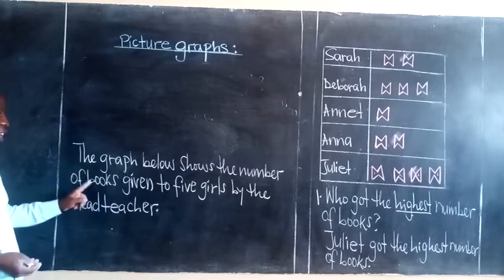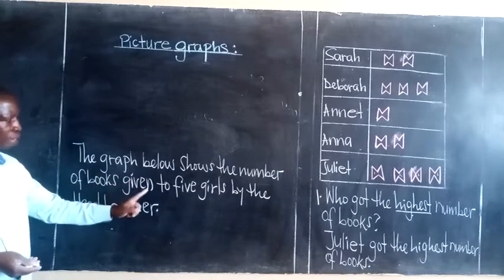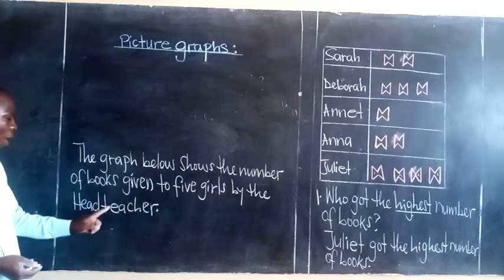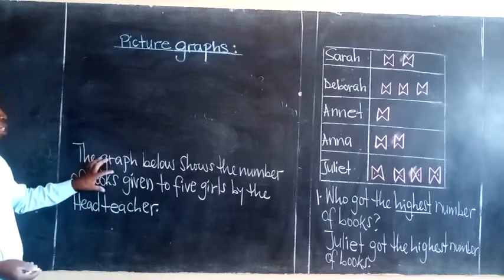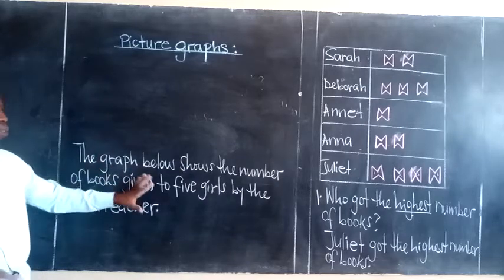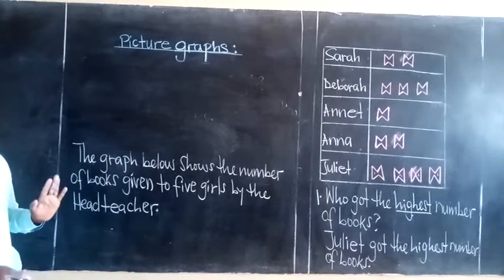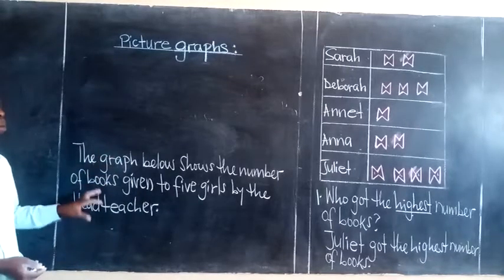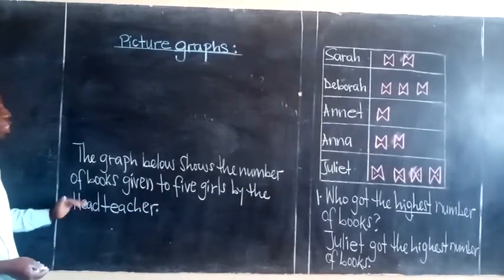And this is the title. They are saying the graph below shows the number of books given to 5 girls by the head teacher. So our title is from here: Number of books given to 5 girls by the head teacher.